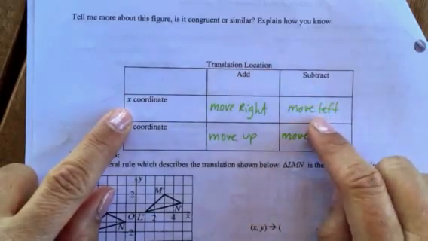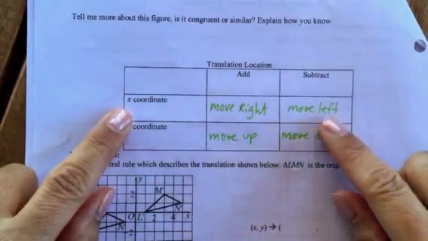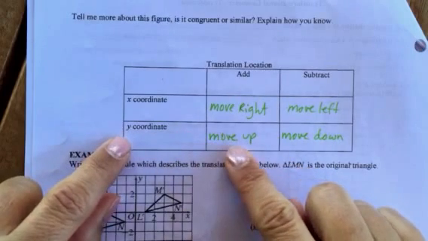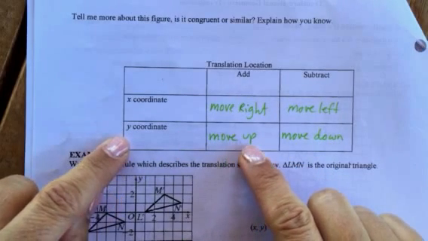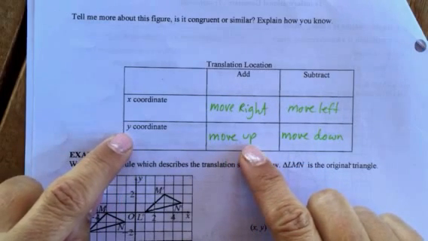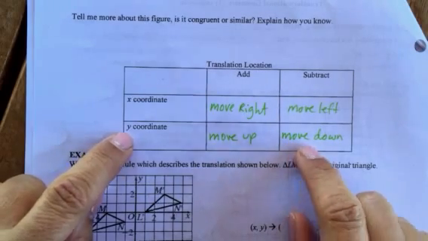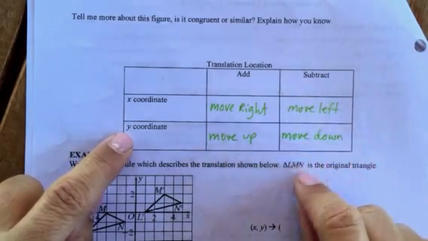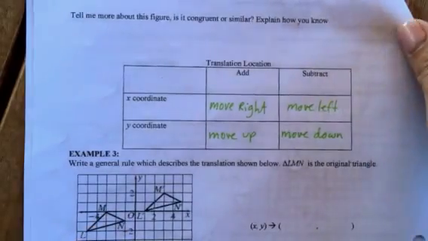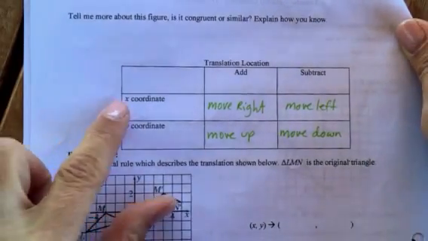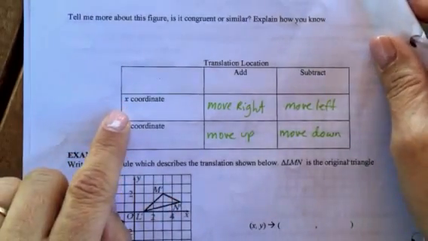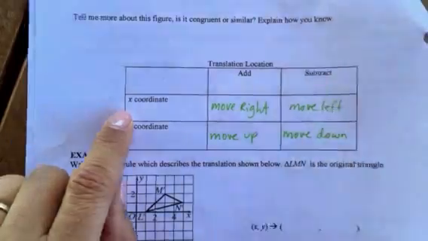When we have an x-coordinate that moves left, we're subtracting. When we have a y-coordinate that moves up, we're adding to the original y-coordinate. And when we have a y-coordinate that moves down, we're subtracting. So that's how those are related, and that's going to play into exactly what we're doing on page N3.